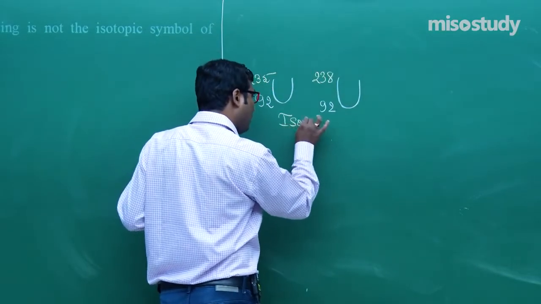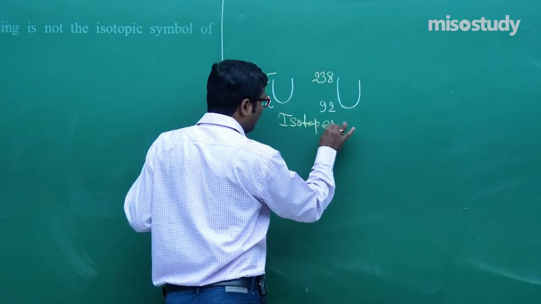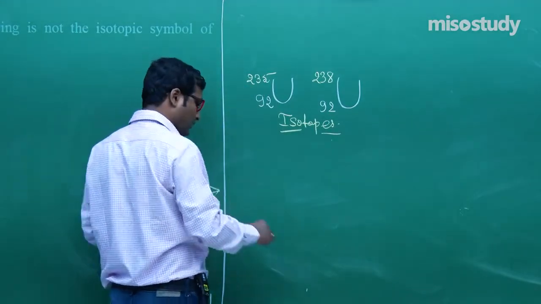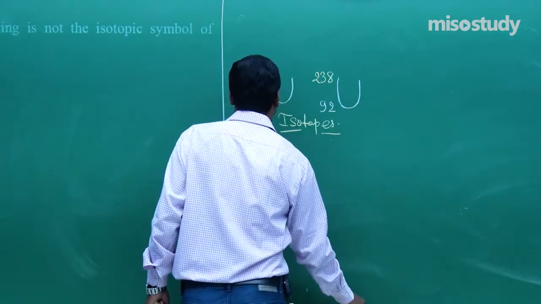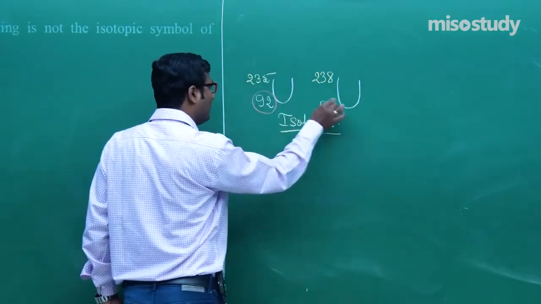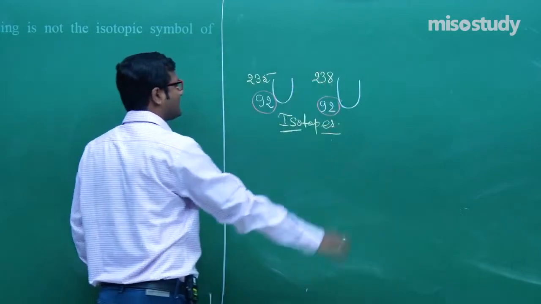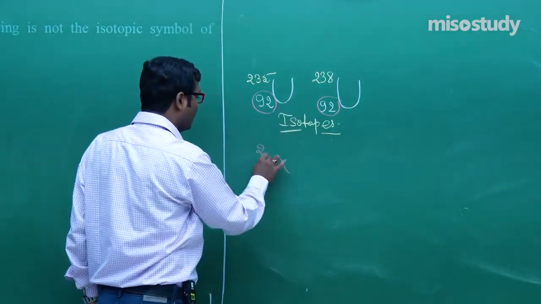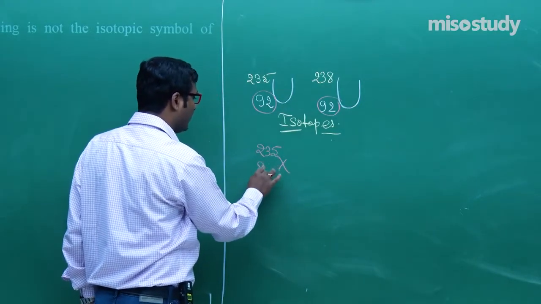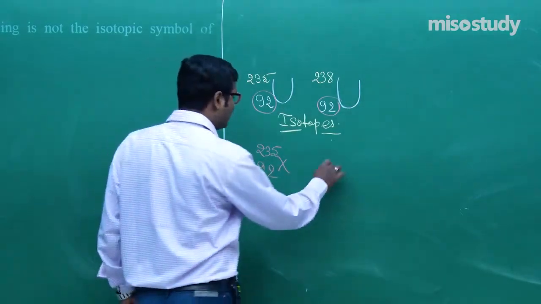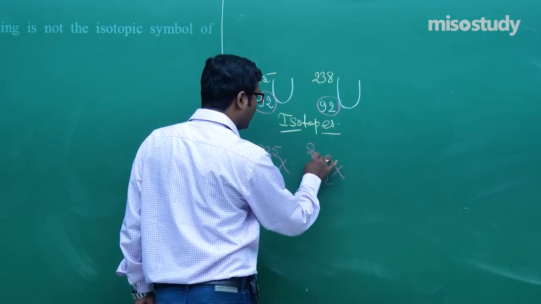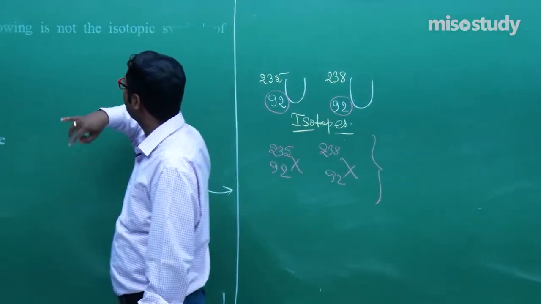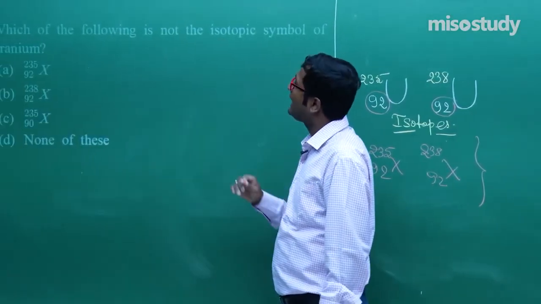We know isotopes are the pair having equal atomic number and different mass number. Clear? So in this case, this is the symbol of uranium, that is X 235 92, then X 238 92.